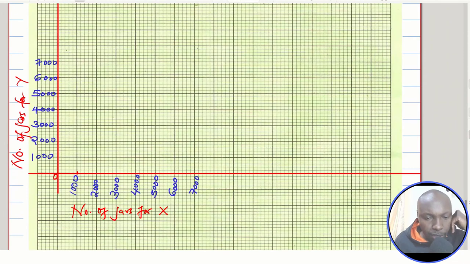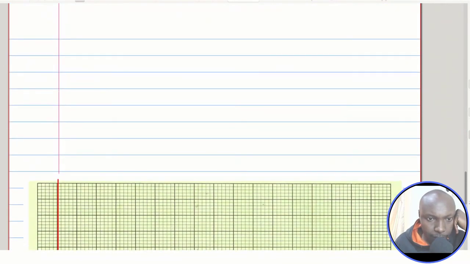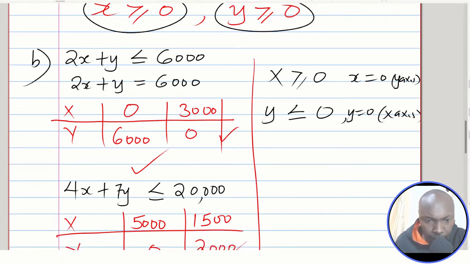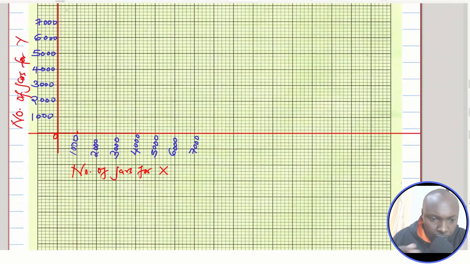So now we can plot the first one, 2x plus y less than or equal to 6,000. When x is 0, y is 6,000. So 0, 6,000 will be here.